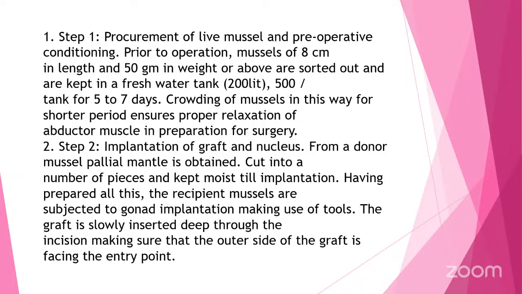Having prepared all these, the recipient mussels are subjected to gonad implantation, making use of tools. The graft is slowly inserted deep through the incision, making sure that the outer side of the graft is facing the entry point.